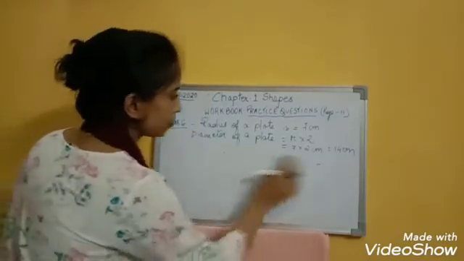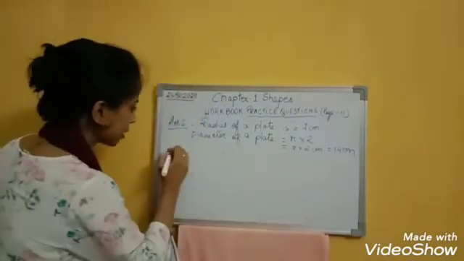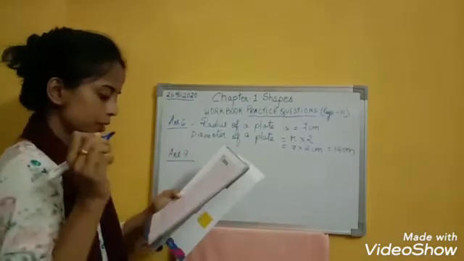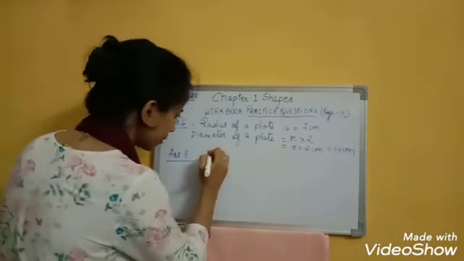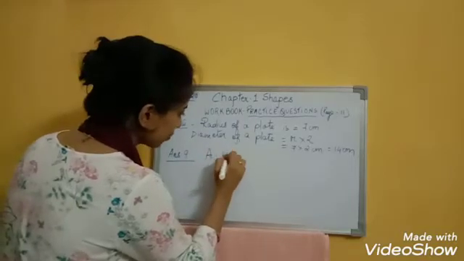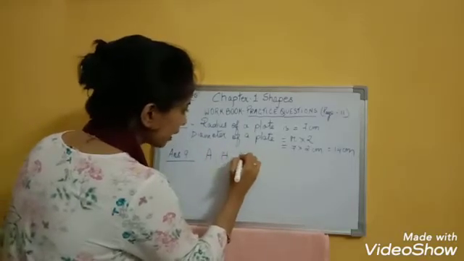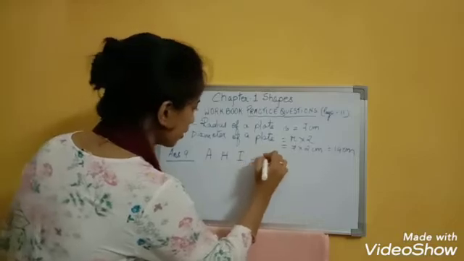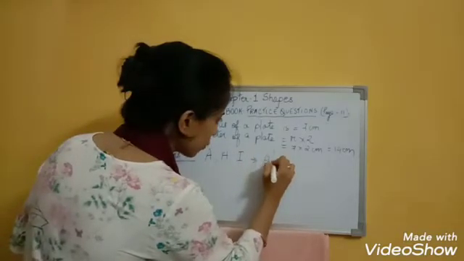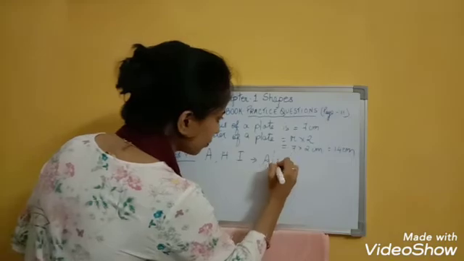So this is answer number 9. We will write A, one letter, then H, then I. Just see here, A, mirror image, line of reflection.